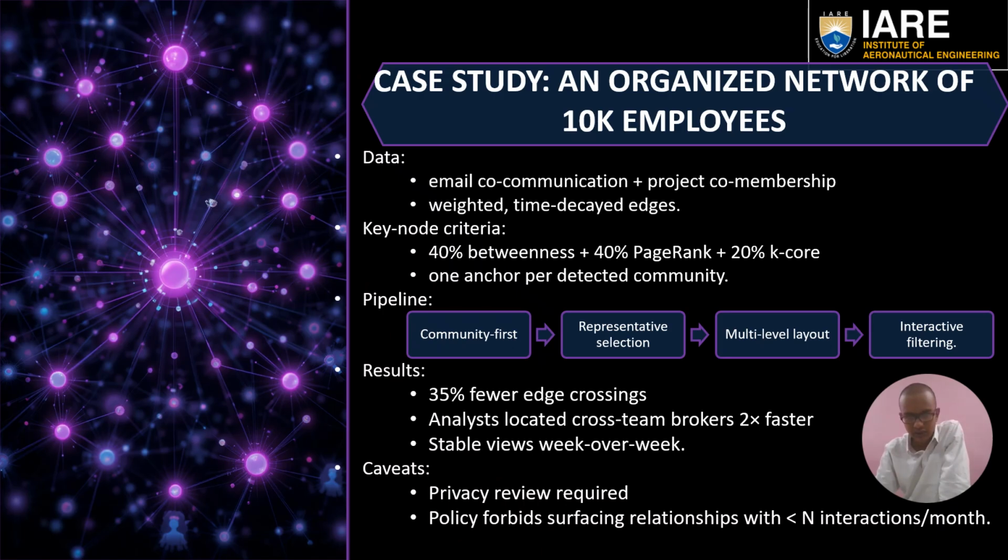The pipeline: the community first results in representative selection, which further results in multi-level layout, which further results in interactive filtering, resulting in 35% fewer edge crossings, and analysts located cross-team brokers 2x faster, and stable views occur week over week.